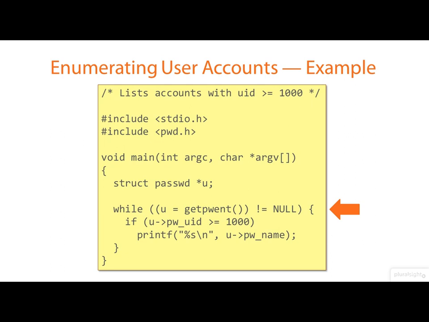We're looping as long as it doesn't return a null pointer, and we're assigning that pointer to u, which is a pointer to a password structure. We reference off that pointer to get the numeric user ID, and if it's greater than or equal to 1,000, again we reference off the pointer to get and print out the name of that user account.